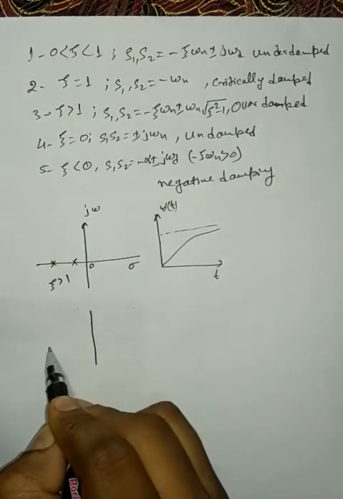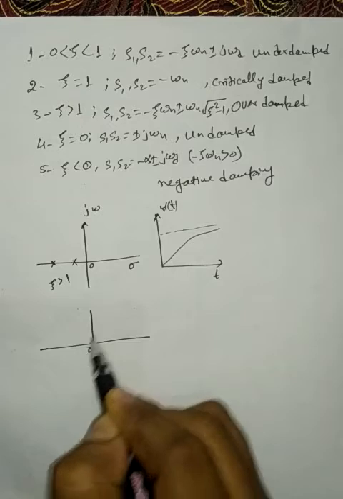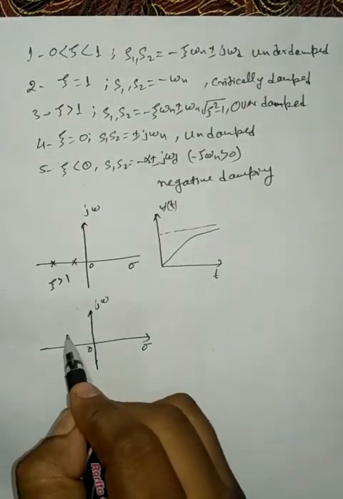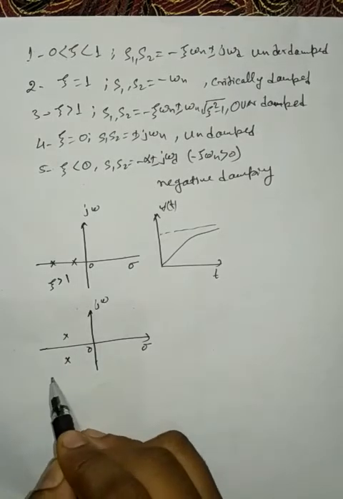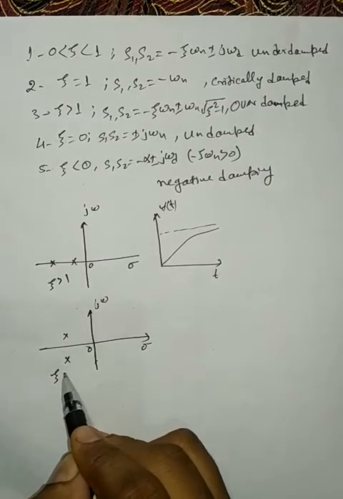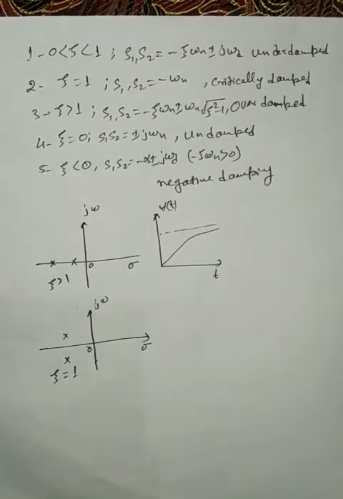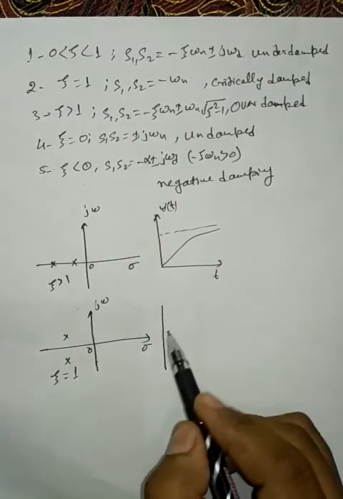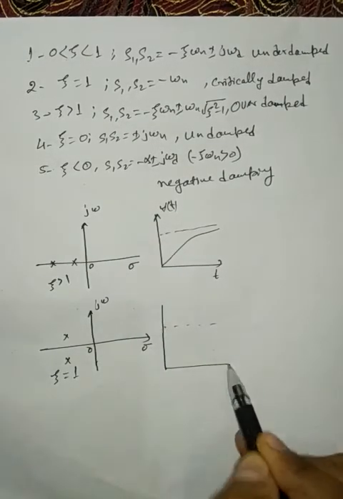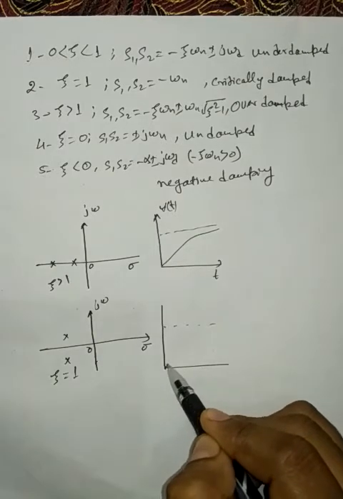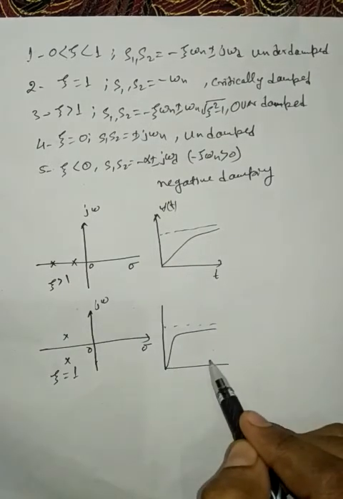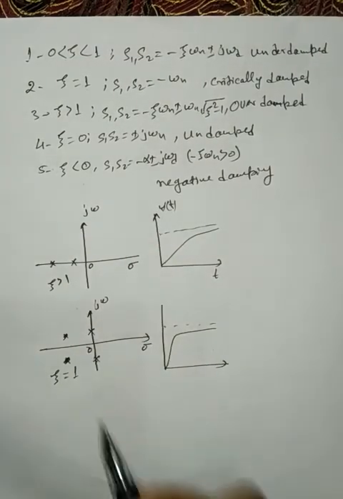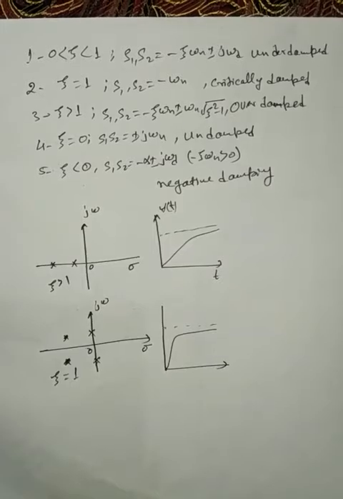Next, j omega, sigma. If I have roots here, means zeta is equal to 1. In that case, critically damped case, but it's not like this. This will be like this. Critically damped case.